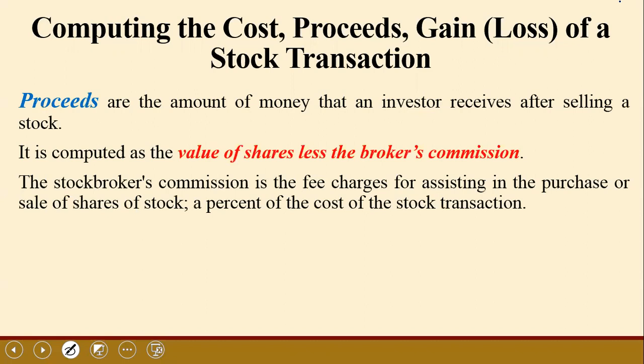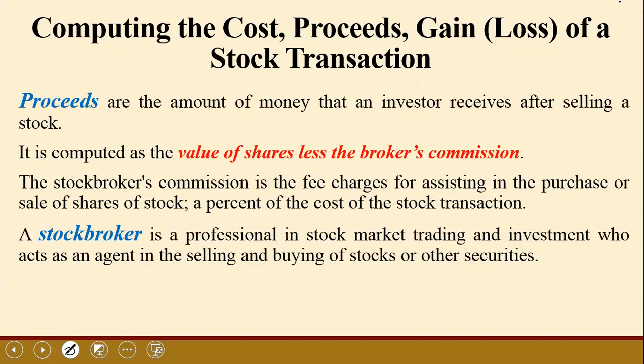And the stockbroker's commission is the fee charged for assisting in the purchase or sale of shares of stock, a percent of the cost of the stock transaction. And a stockbroker is a professional in stock market trading and investment who acts as an agent in the selling and buying of stocks or other securities.